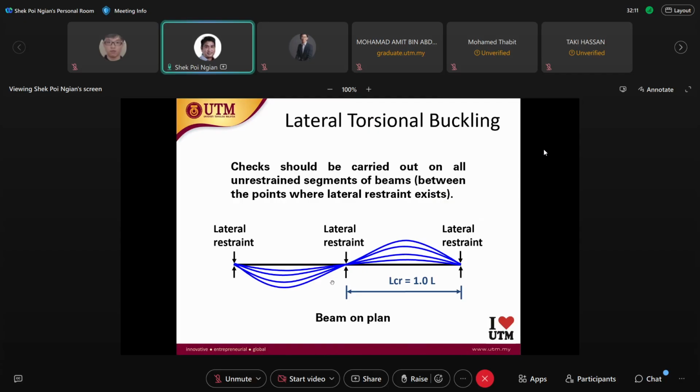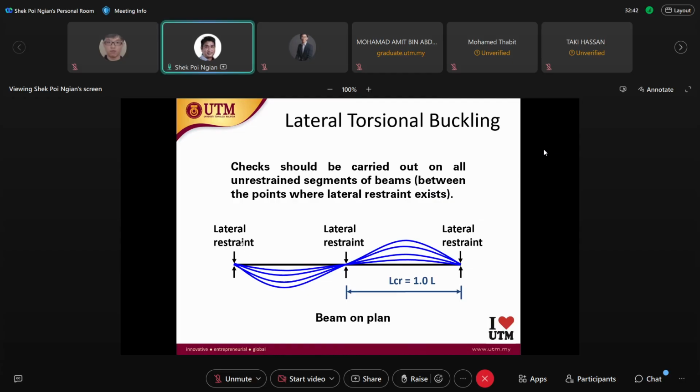The blue line shows the buckling shape of the beam: from one end support to the middle support, and then from the middle support to the other support.